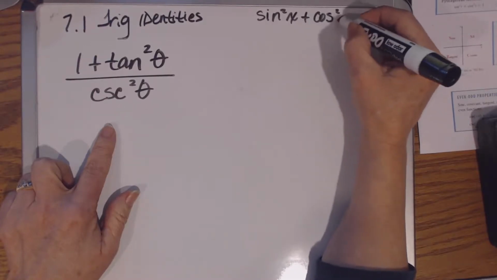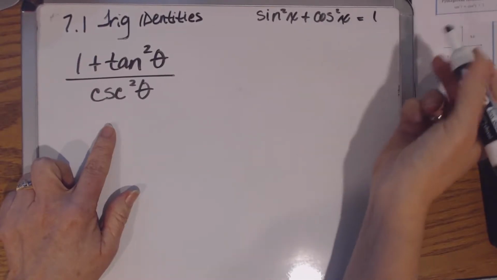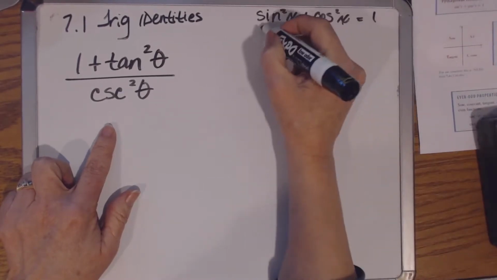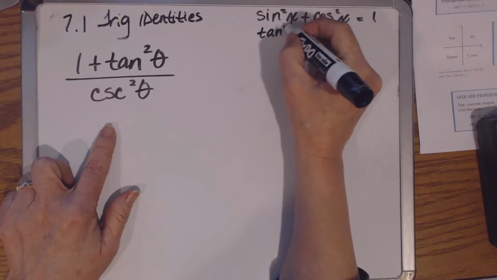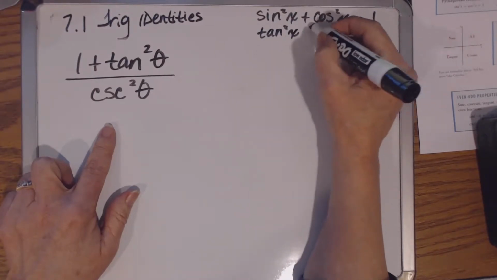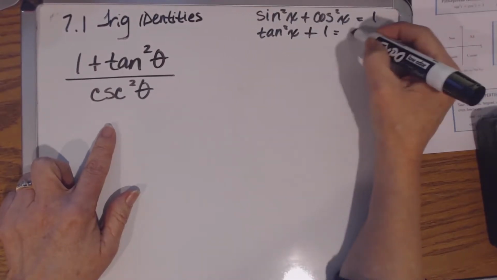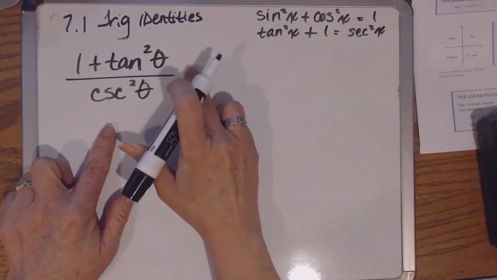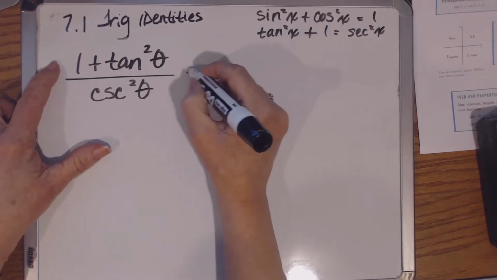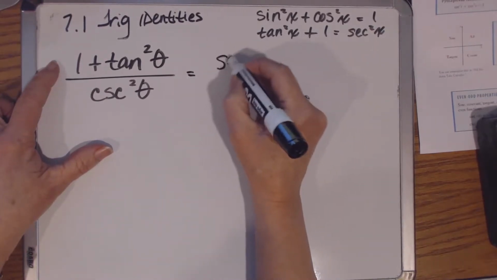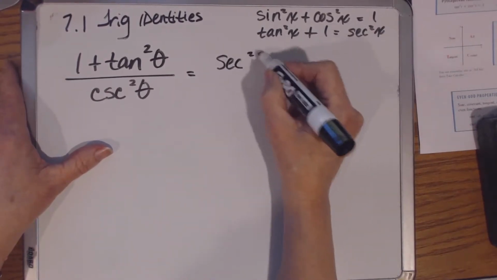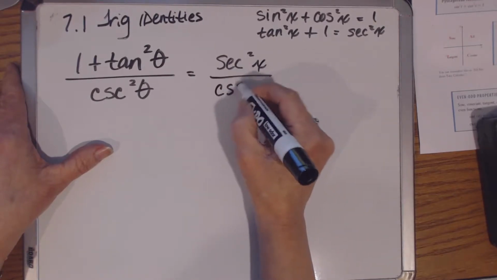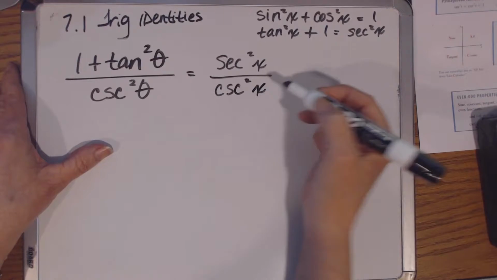One of those, as you can see, would be that tan squared of x plus 1 is equal to secant squared of x. So this here can be substituted with the secant squared of x over the cosecant squared of x.